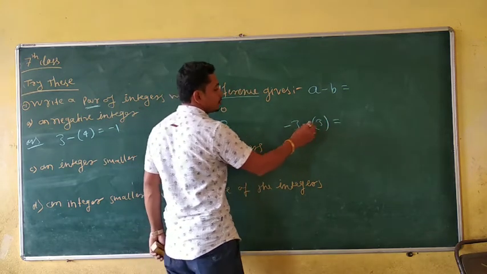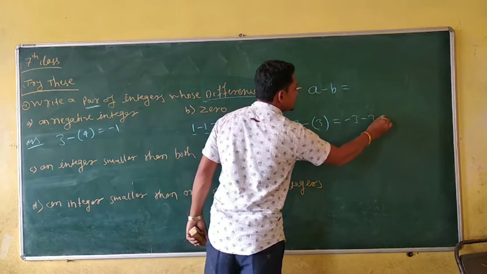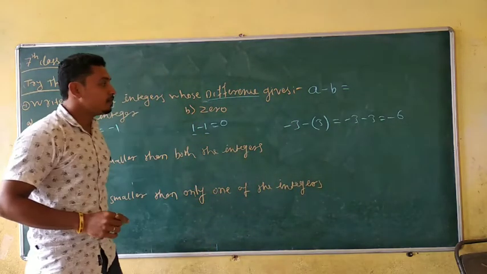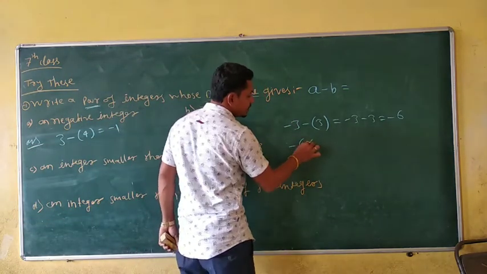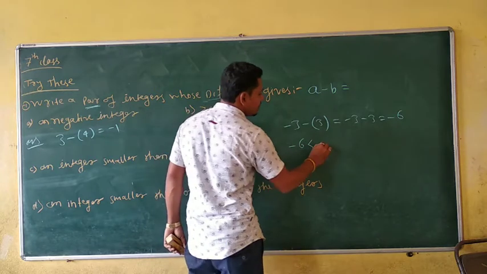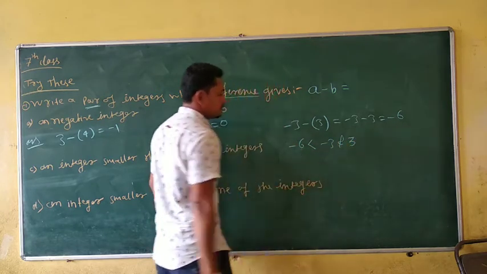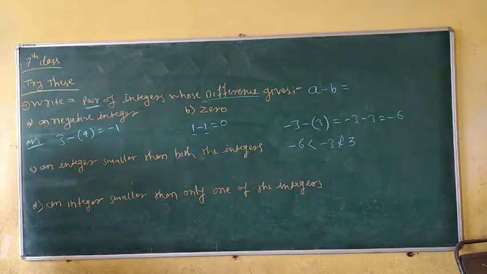Minus 3 minus 3 is equal to minus 6. And minus 6 is smaller than minus 3 and plus 3. Is it right?